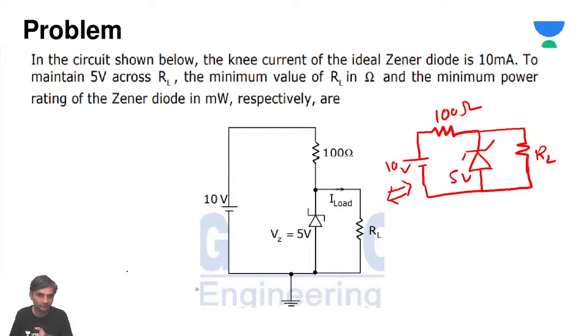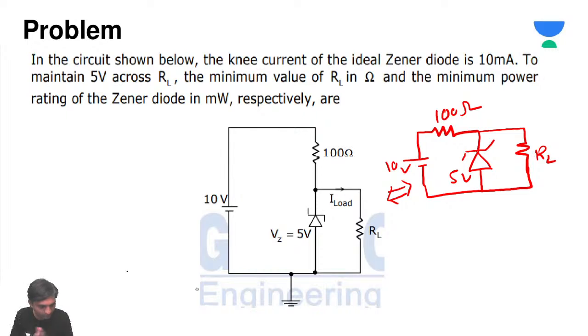First find out the current flowing through the 100 ohms resistance. First simply find the current I. Then IZ minimum is already given. Not 150 ohms, look once again.